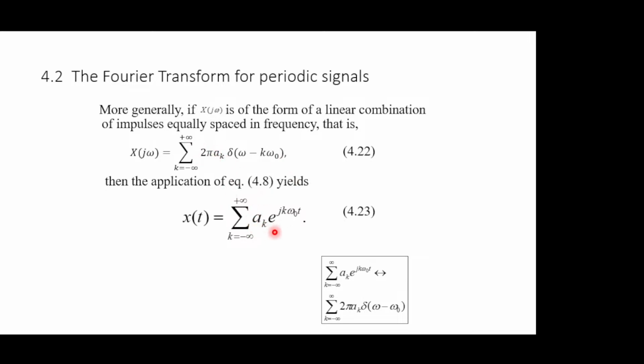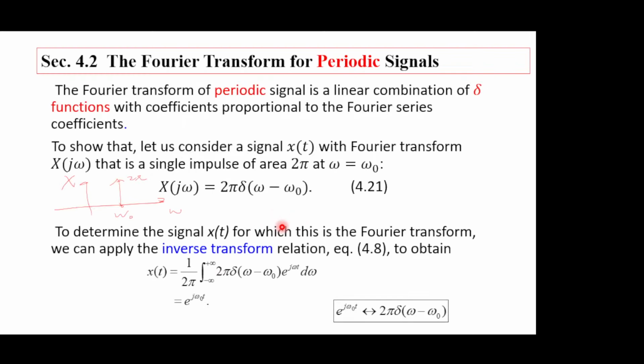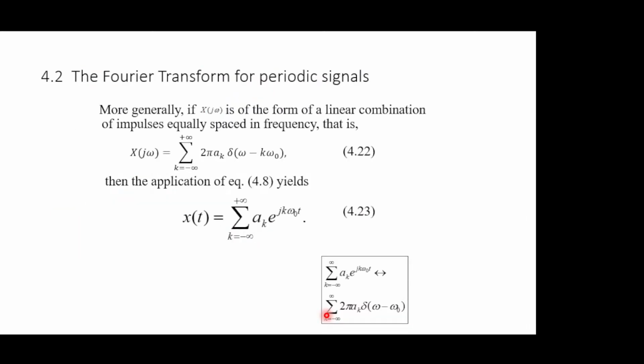So you have the sum over k of a k times e to the j k omega naught t. But you see that this is just a Fourier series representation for your periodic function, with period 2 pi over omega naught.